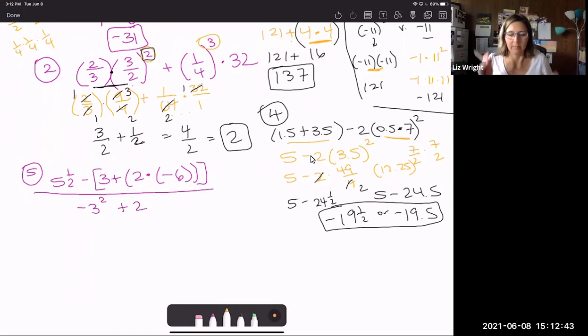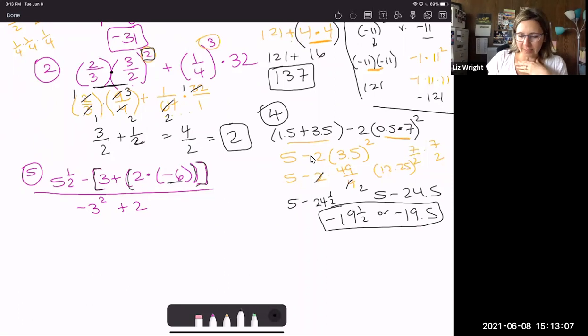All right, so let's figure out our first step. We've got lots of nesting parentheses. We've got a fraction bar as well. So I know this can look overwhelming. Let's just start with one step at a time. So within our brackets, let's work within this set of parentheses.